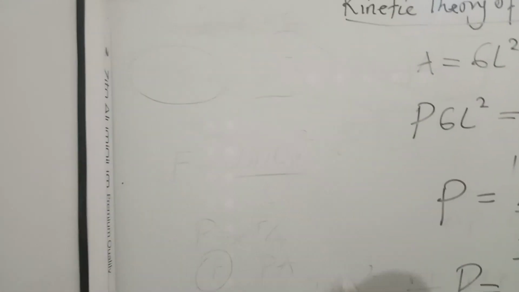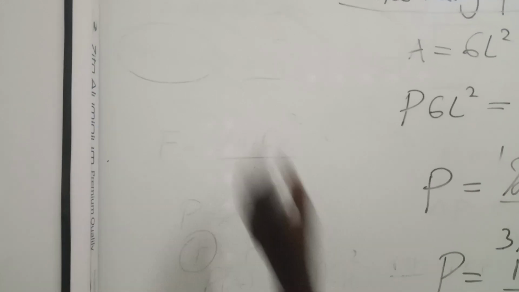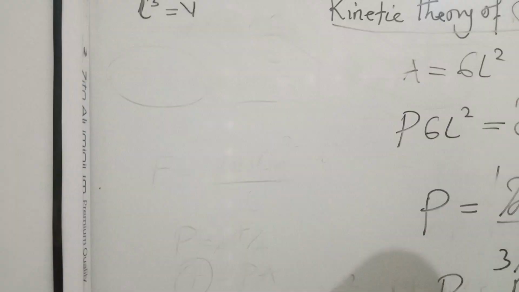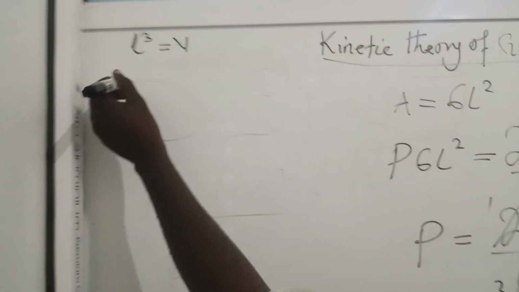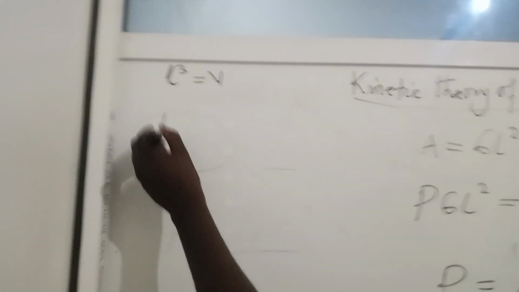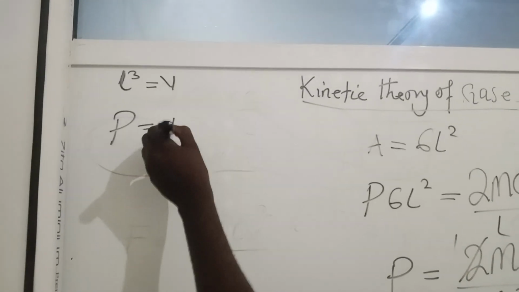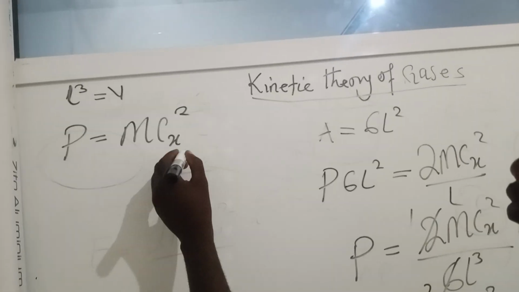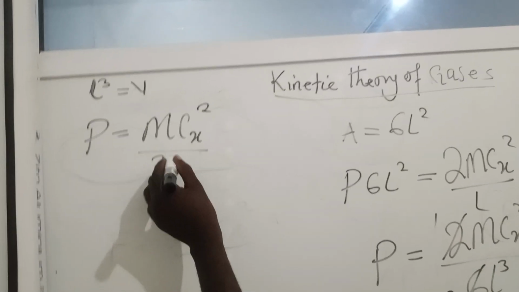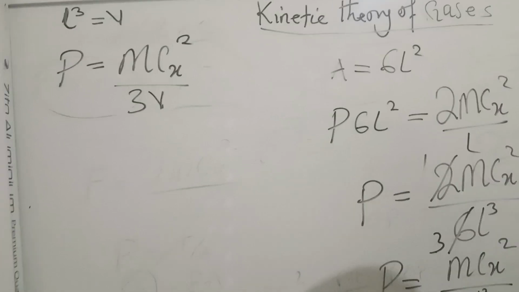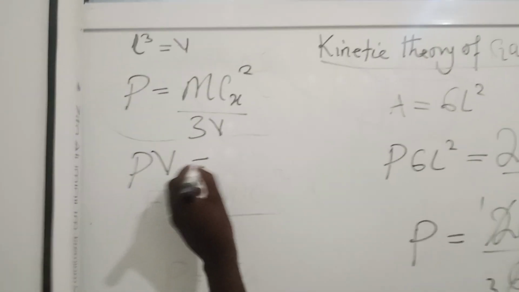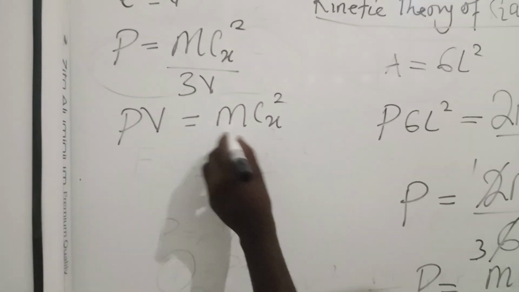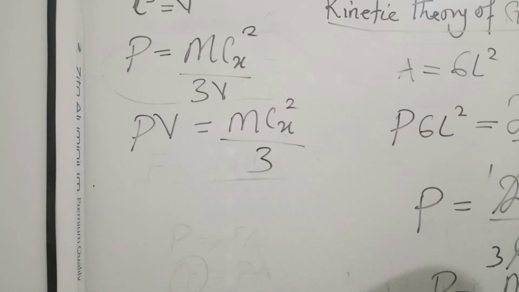And remember that L cubed is equal to volume. So we can see that P is equal to mcx squared all over 3V, which is the same thing as PV equal to mc squared all over 3.